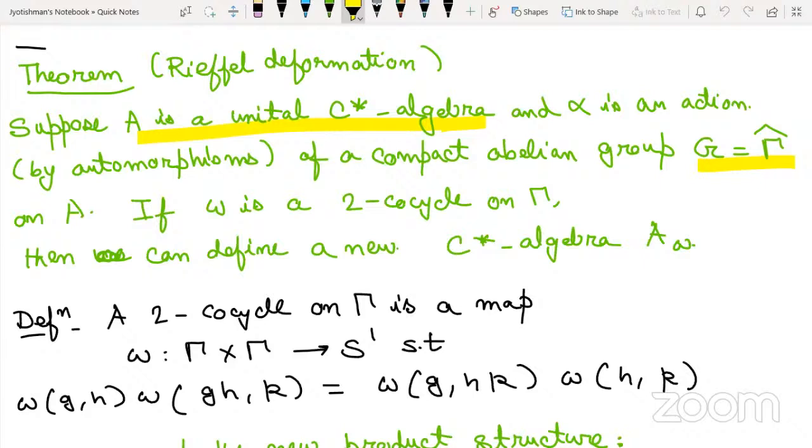Well, a map you can always have, right? Just send U to 1 and V to 0.